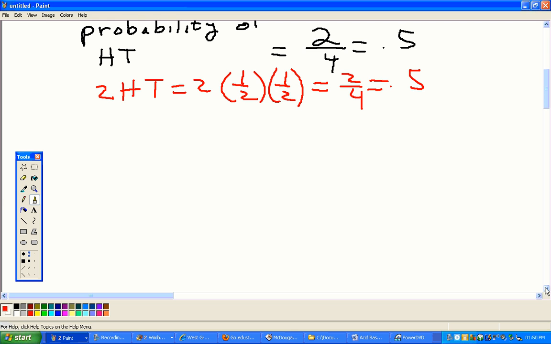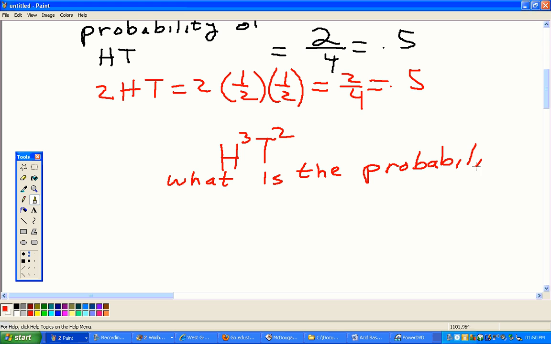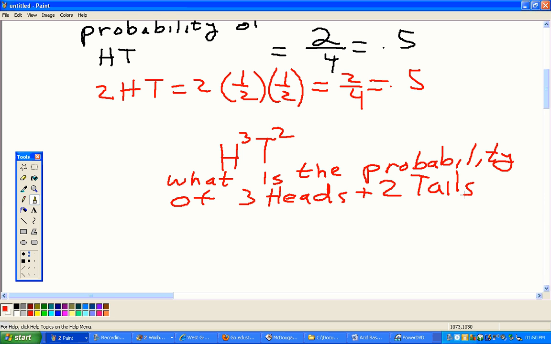So that gets to be a more important question if I was going to say, what's the probability of getting, say, 3 heads and 2 tails? How many times did we flip?